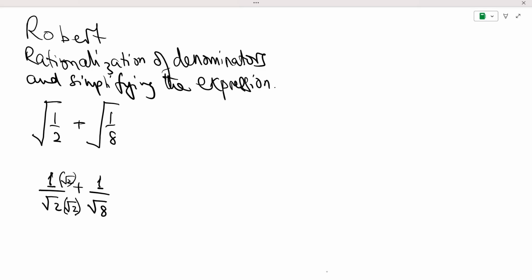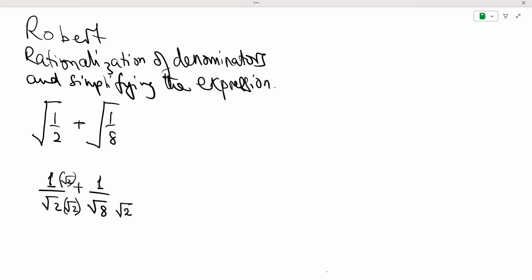Now here, we look for a number related to 8, which when we multiply by it, we would get a perfect square. 8 is not a perfect square, so 1 can't do, but 2 can do. So let's multiply this by root 2, because 2 multiplied by 8 will give us 16, which we can easily find a square root of.